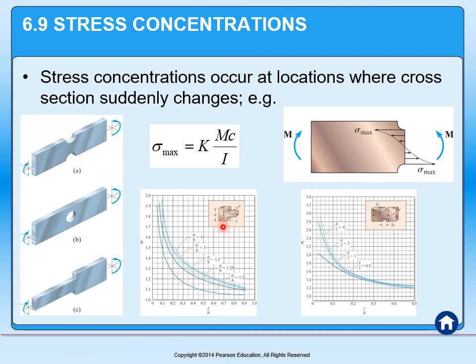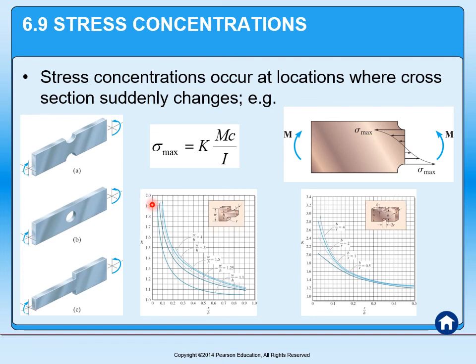So in this case, for example, you'd look at W versus H, that's going to be a certain number, in this case 4. If you had that, you would use this curve. You look at your ratio of radius to height, and where those two things cross, that gives you your stress concentration K. Notice it's always above 1, and unless you have a very extreme situation, it maxes out around 2.